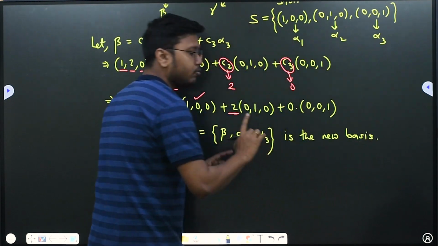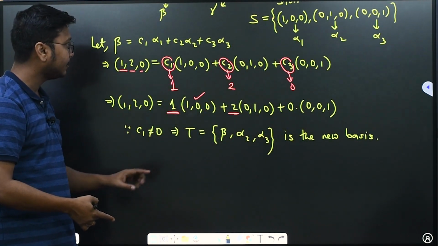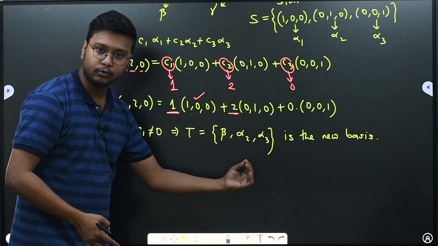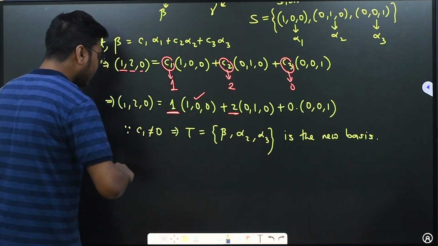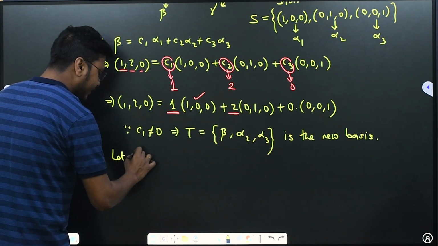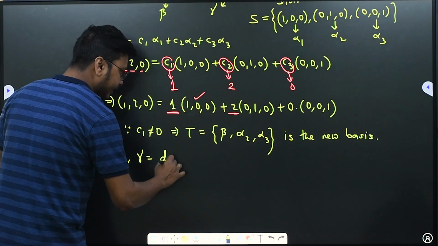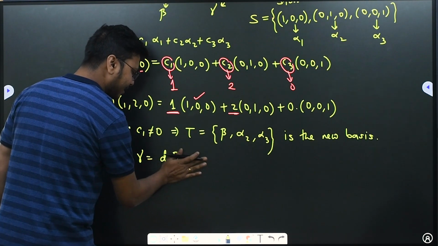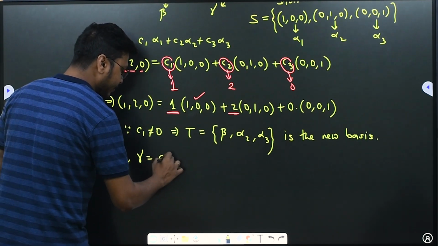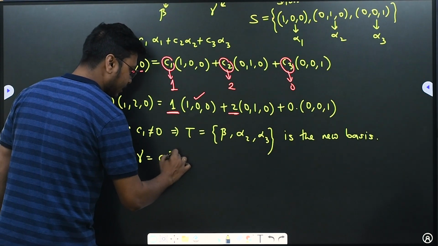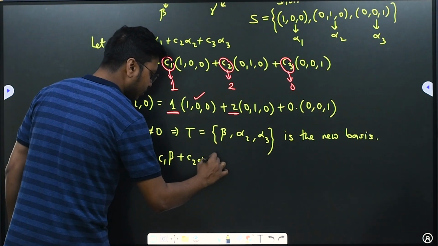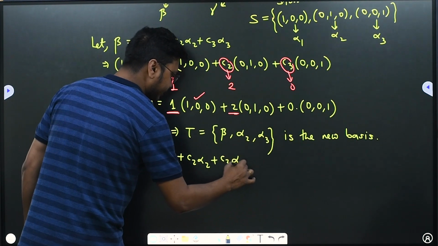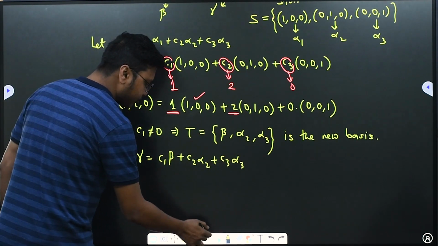But again I need to do another replacement, because I need to bring gamma into the picture. Now let gamma equal C1 beta plus C2 alpha 2 plus C3 alpha 3. I will keep the name C1 without renaming. Now let's figure out the values.